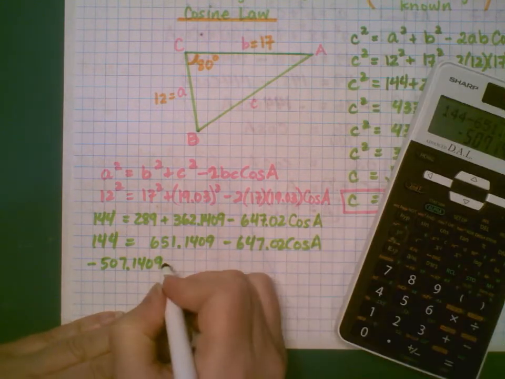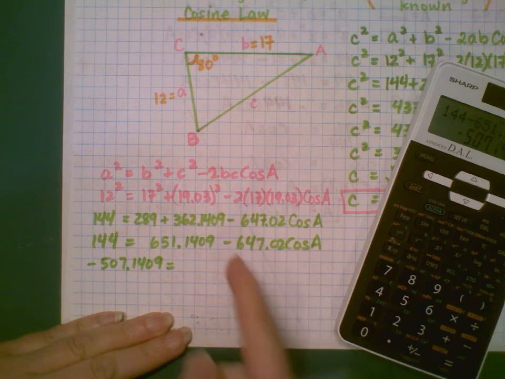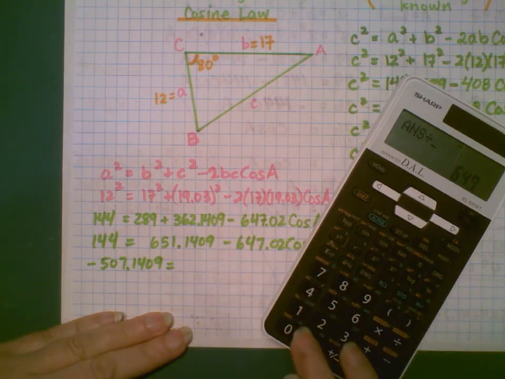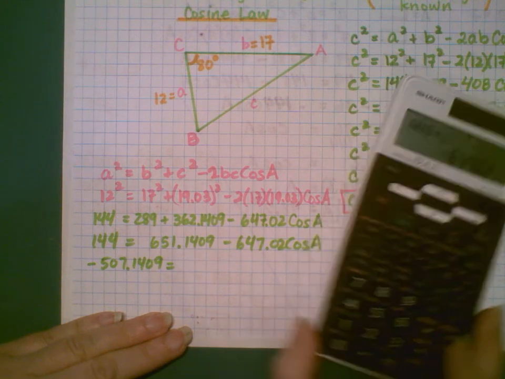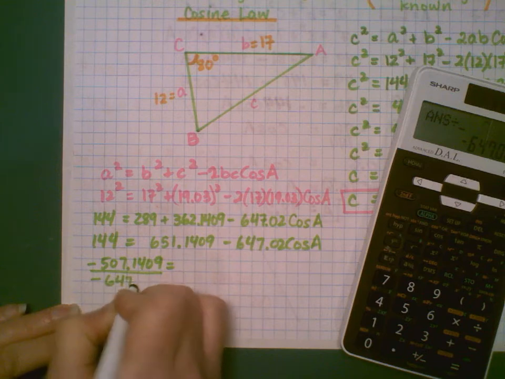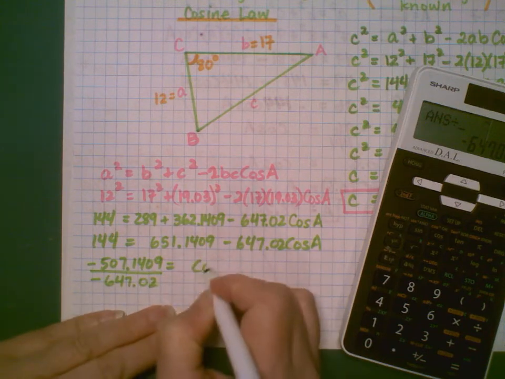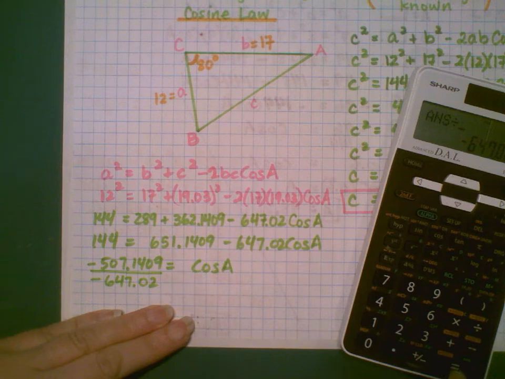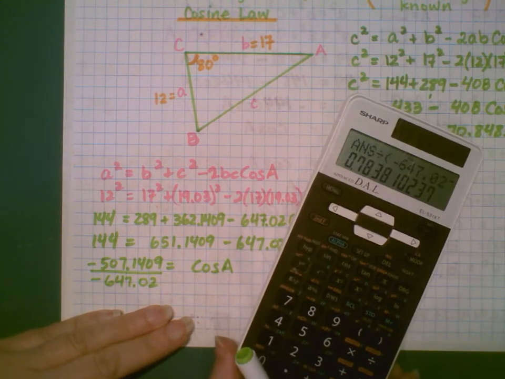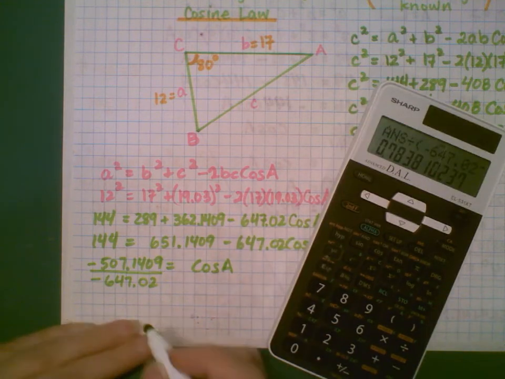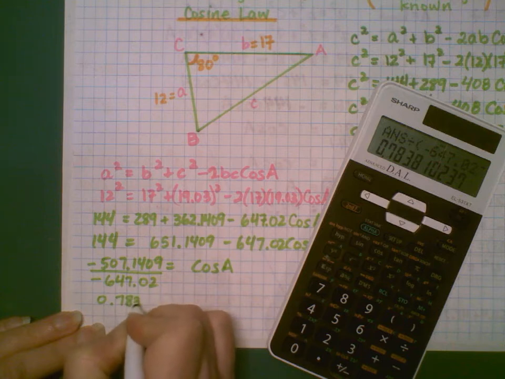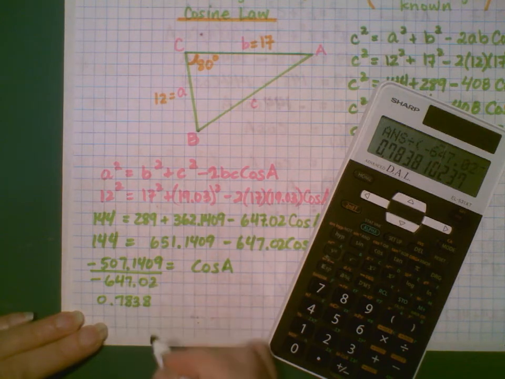Now I'm going to divide that value by my coefficient, 647.2. And that should result in a decimal value, and it does. That decimal value is the value of the cosine of A, so this is 0.7838, rounded.